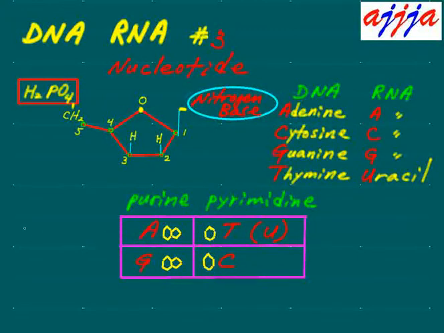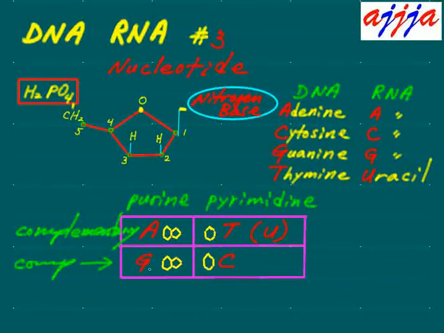A and T we call complementary bases. Complementary. Very important. The complement of adenine is thymine. Very interesting, right? Also, the complement of guanine is cytosine.